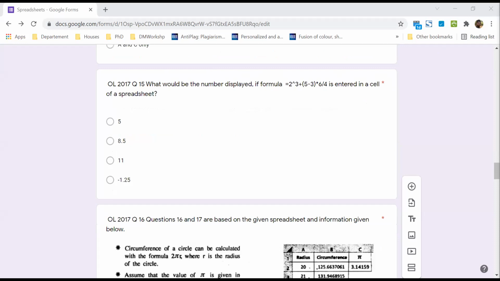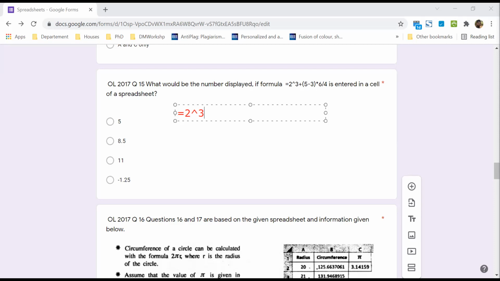Okay. This is a good question, right? But the majority of you got the correct answer, but let me start from the beginning. So we have to simplify. This is 2 to the power 3. The hat mark is the power, or we call it exponentiation.